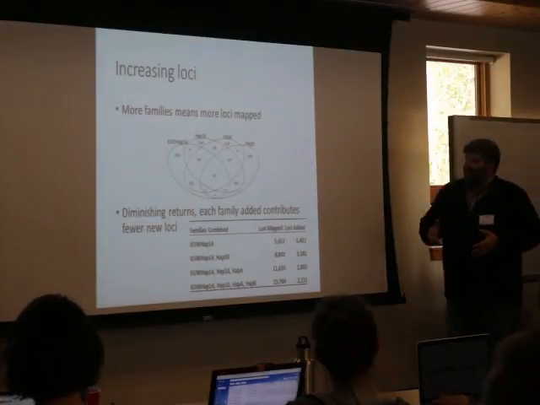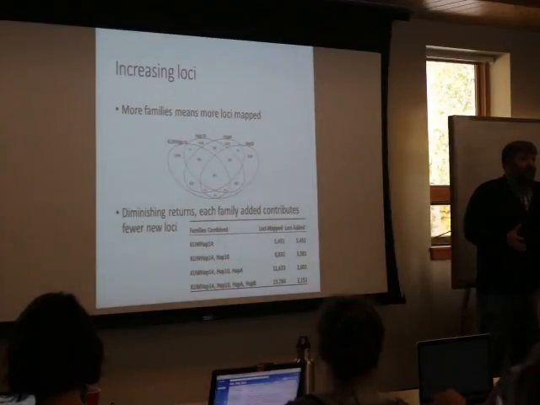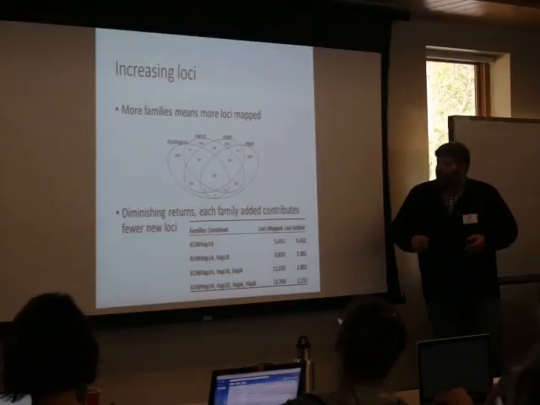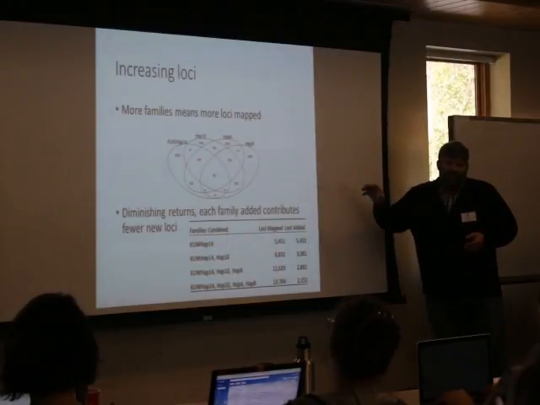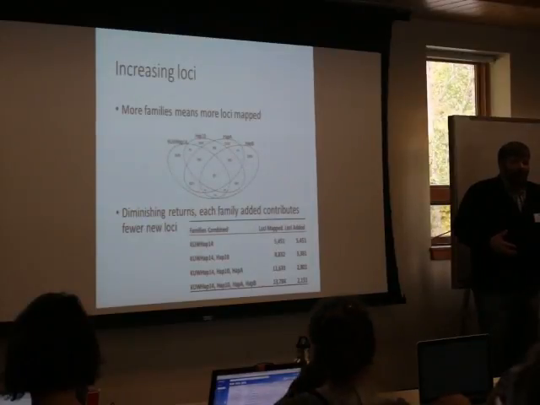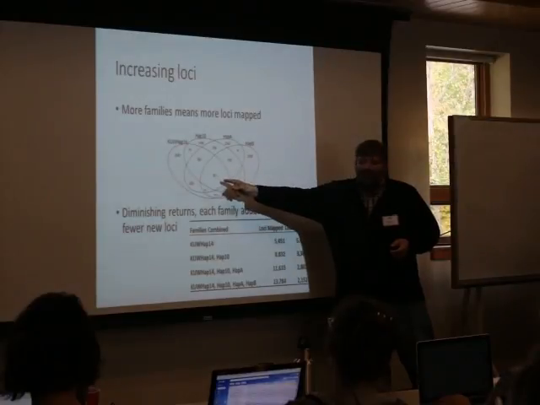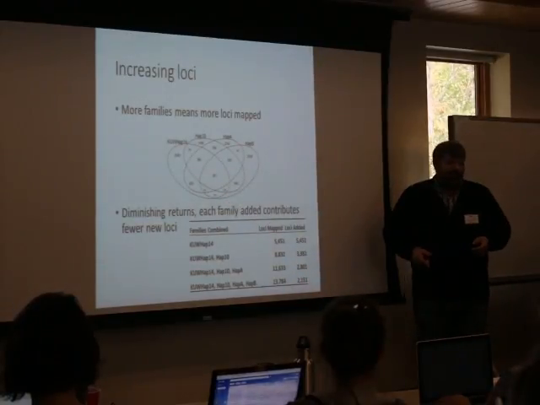In this case, each of the 4 families had around 5,000 or 6,000 loci within each individual family that were informative and able to be mapped. When you compare the families, each pairwise comparison only shared about 25% of the loci. And what was really striking is there's only 261 loci that were informative in all 4 families.